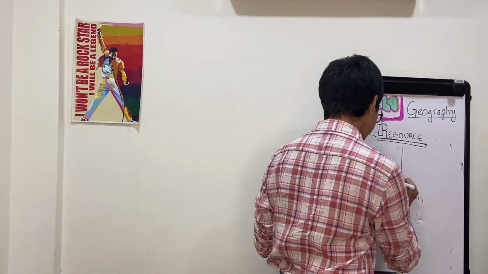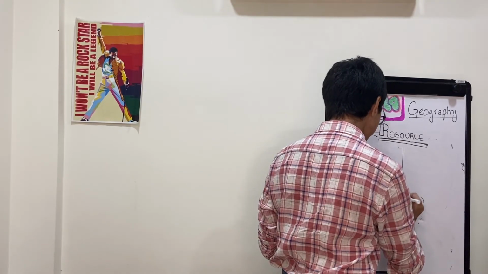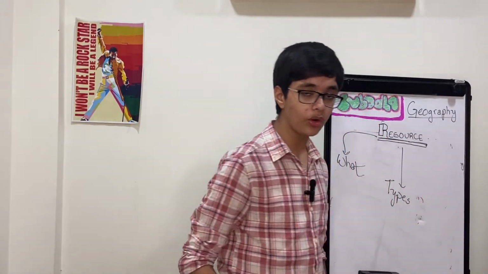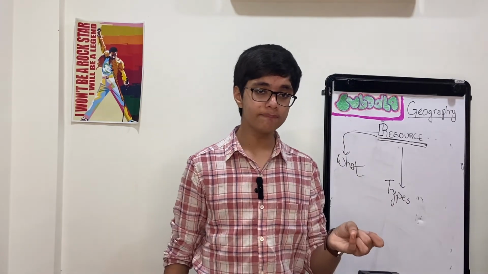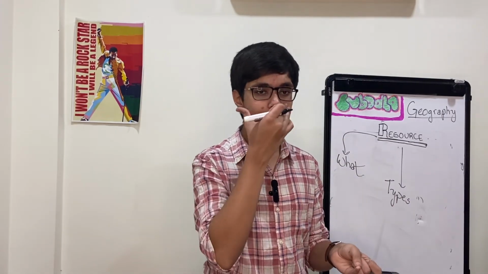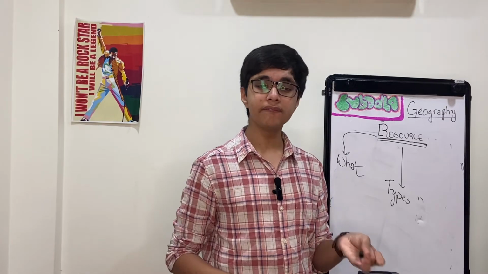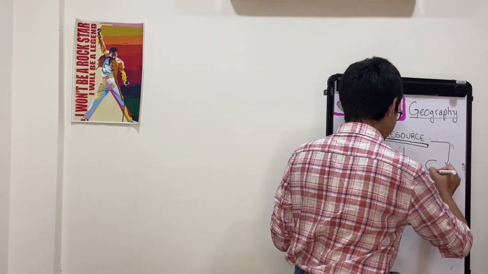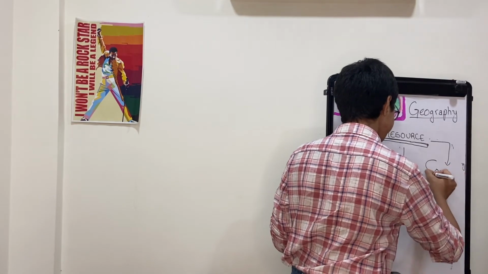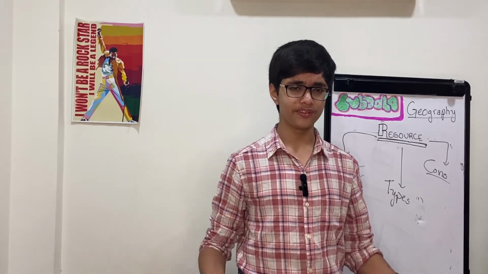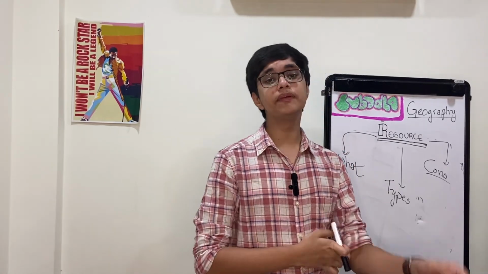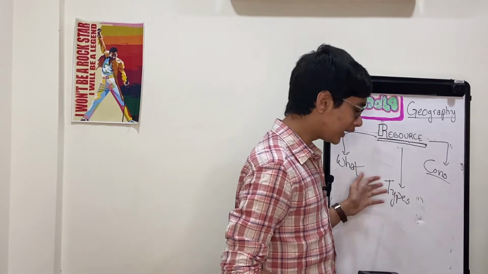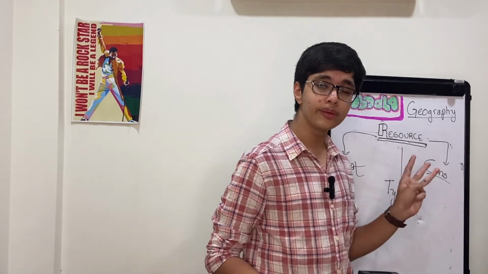Second, we looked at the types of resources, where we classified them based on who makes them, either nature or human beings, and we classified them based on renewability. And finally, we looked at resource conservation, that is how non-renewable energy and resources can get depleted over a period of time. And so these are the three things we looked at in this chapter.